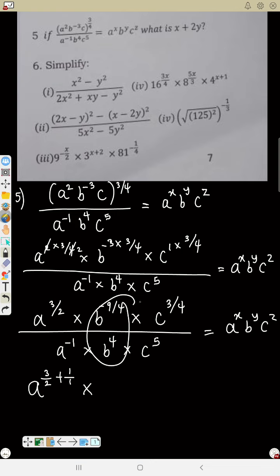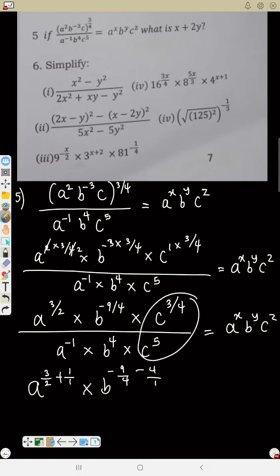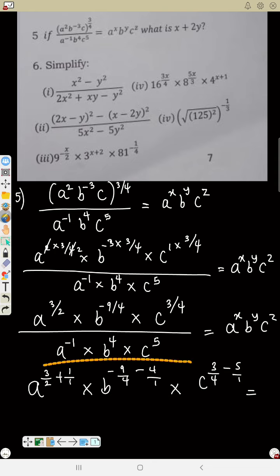Times, now for b, this will be b raised to power minus 9 over 4 minus 4 over 1. Then for c, times c raised to power 3 over 4 minus 5 over 1. So everything is equal to this, still equal to a raised to power x, b raised to power y, c raised to power z.